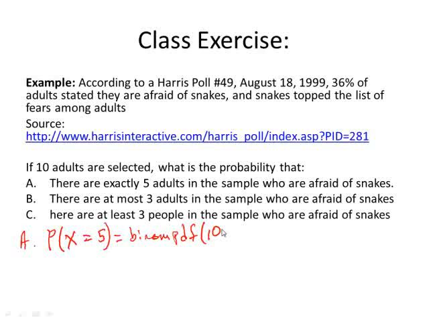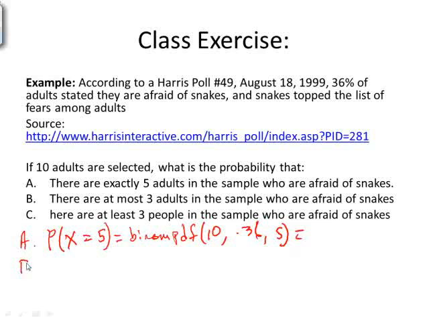P is 0.36. X is 5. This is button pushing. I'll let you take care of the rest.